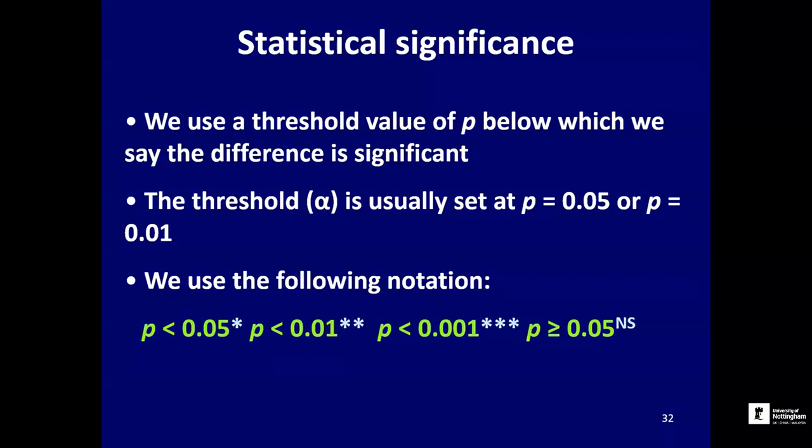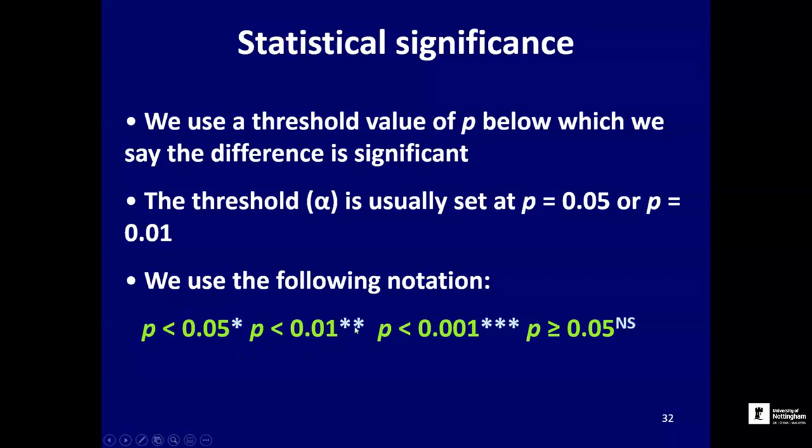And what you'll see in scientific publications, textbooks and papers is these thresholds appearing regularly. And sometimes the p-value is quoted exactly, and sometimes it's quoted relative to a threshold. So for example, you'll see p is less than 0.05. Sometimes this is simply abbreviated to a single asterisk, meaning it's significant.